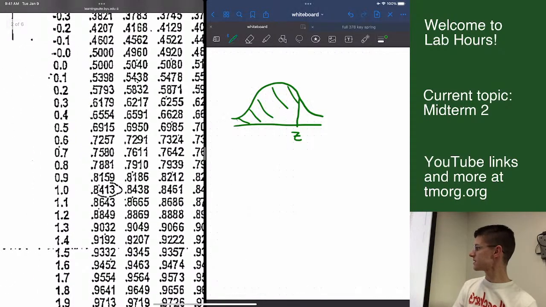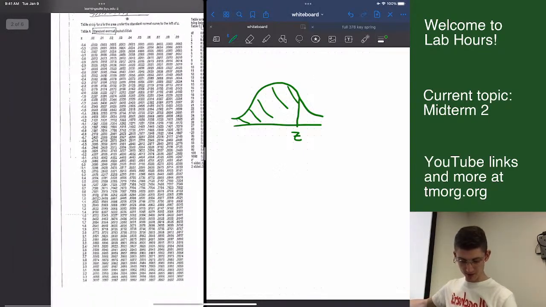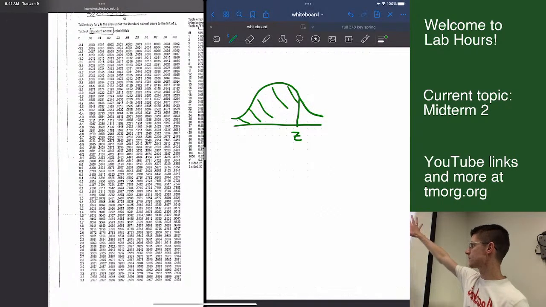This is 1.0, and then the column it's coming from is the 0.00 column, okay?